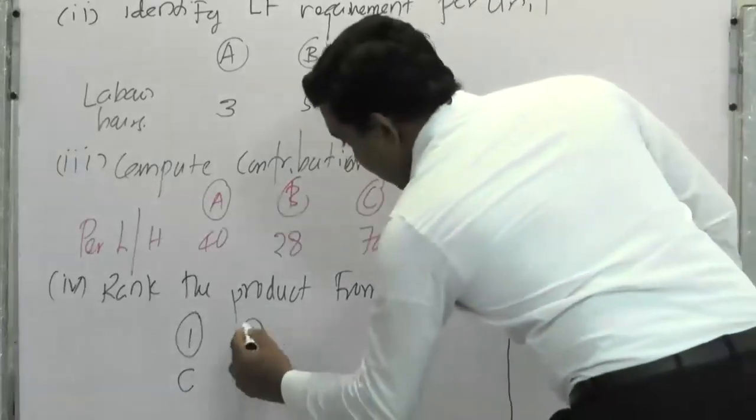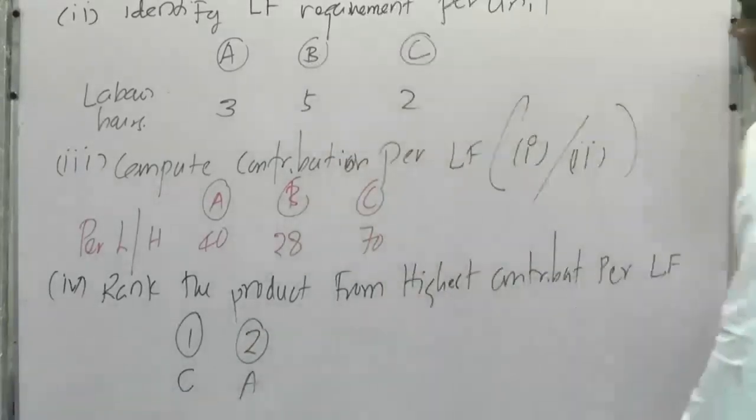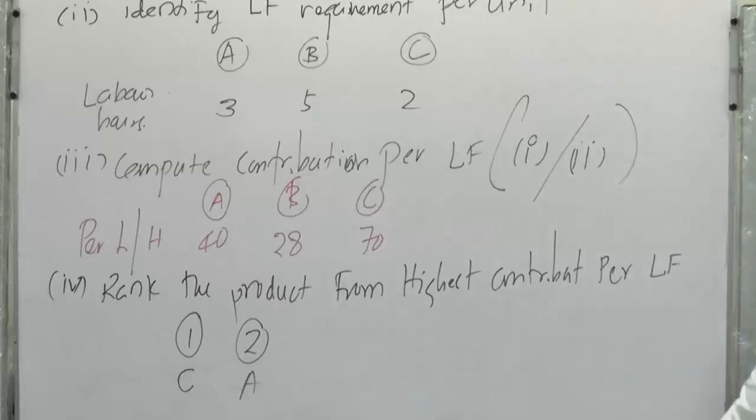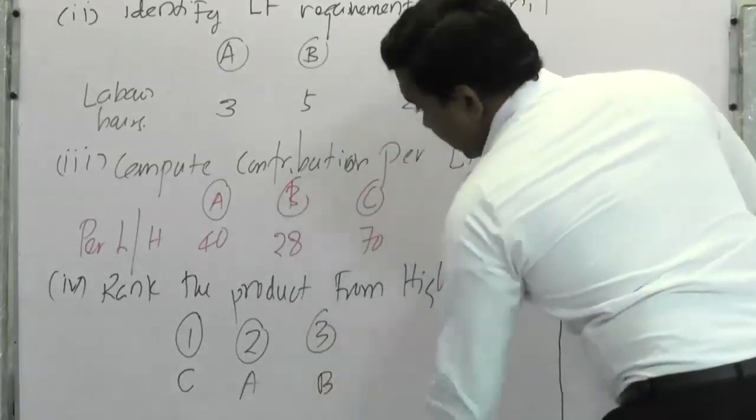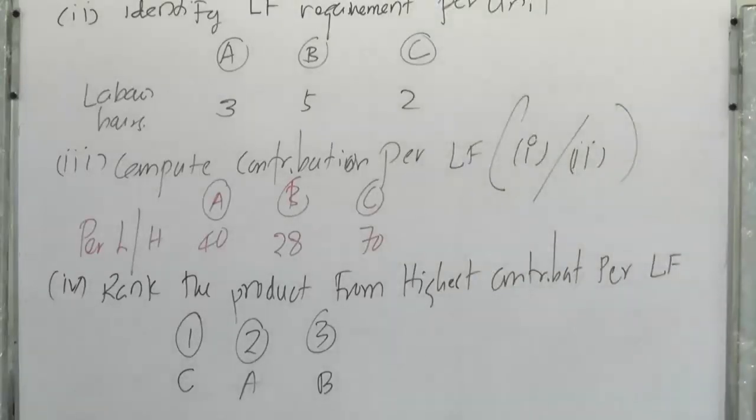Number 2 will be product A, 40, next highest, and number 3 will be product B. Therefore, you must first produce product C, then product A, finally product B in order to maximize your profit.